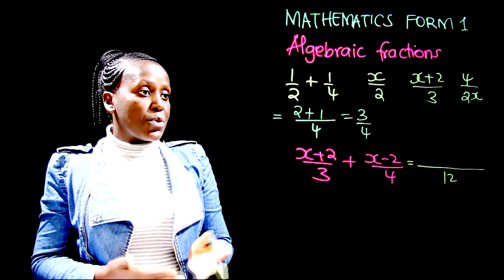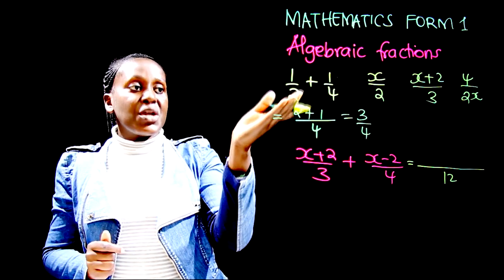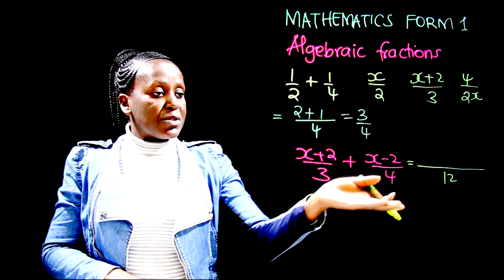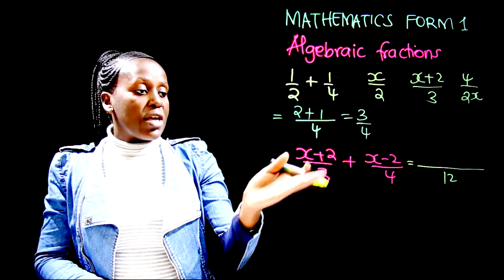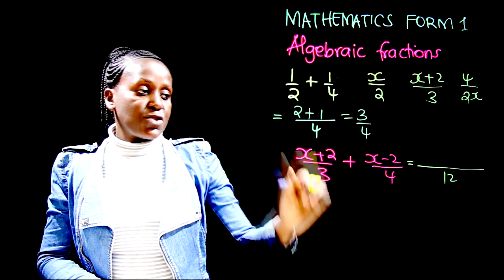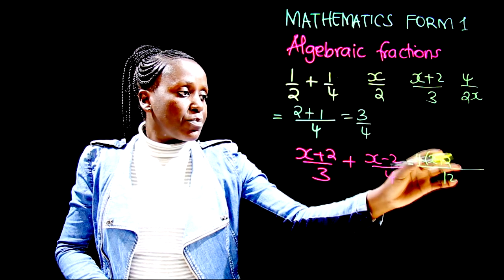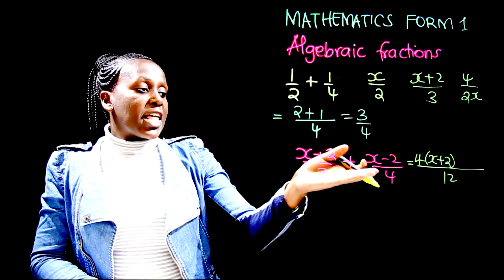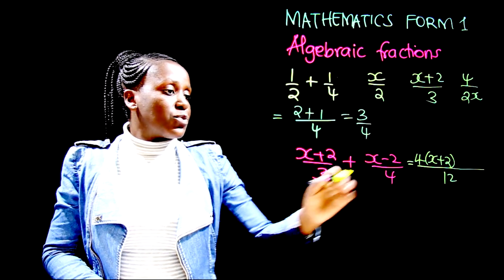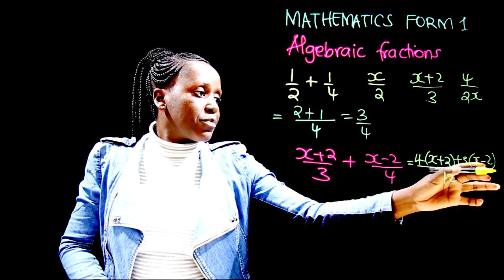Then 12 divided by 3 is 4, then 4 times x plus 2. Then 12 divided by 4 is 3, then 3 times x minus 2.